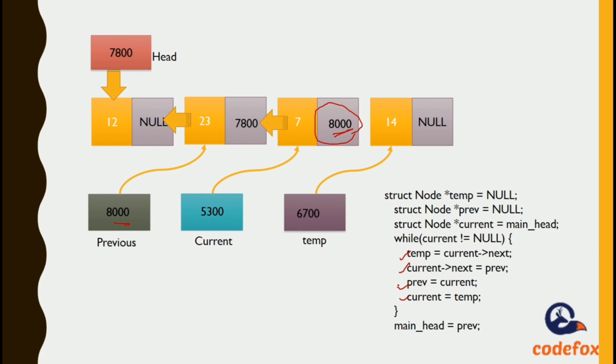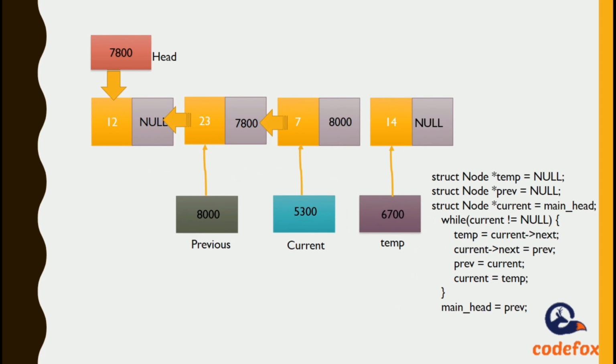We'll again repeat these things. Yes, these three nodes are pointing towards the previous, current and next. We'll replace the address again and change the linking. You can see, right?